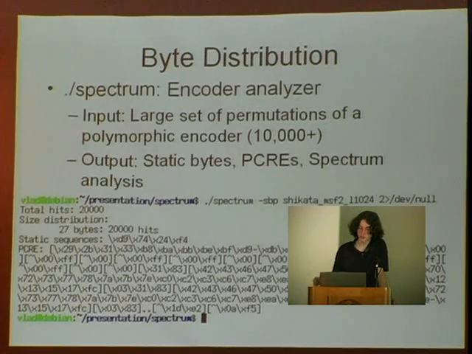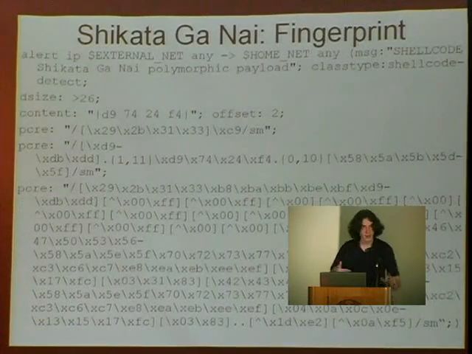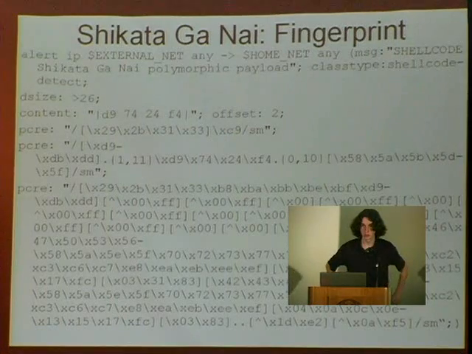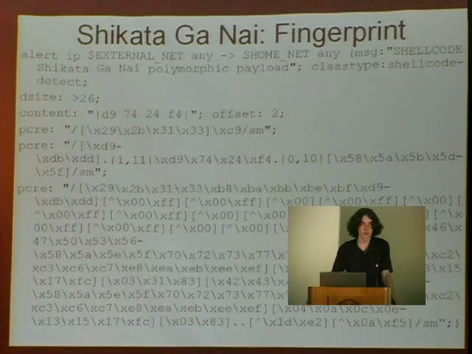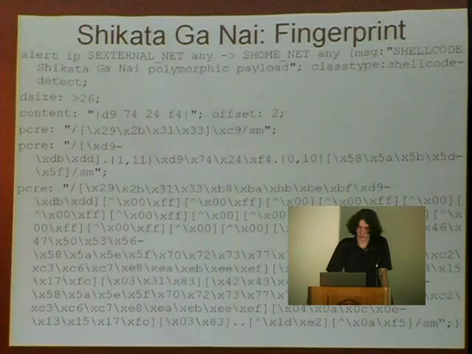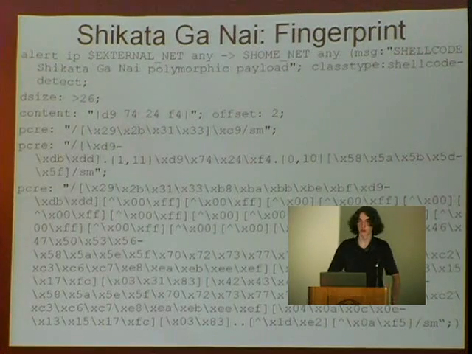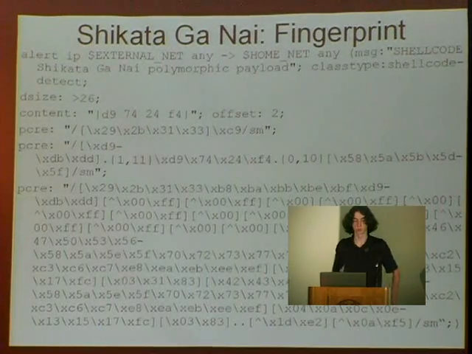So this narrows the fingerprint down considerably, because now we have something that fingerprints the entire encoder based on the byte distribution of it. And so this is just a large, ugly Snort fingerprint, which fingerprints the Metasploit Framework 2 version of Shikata Ga Nai, for payloads of less than 1024 bytes.